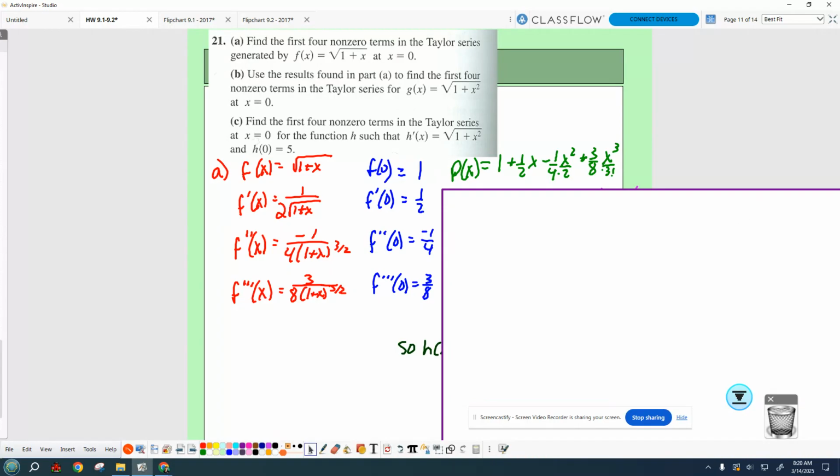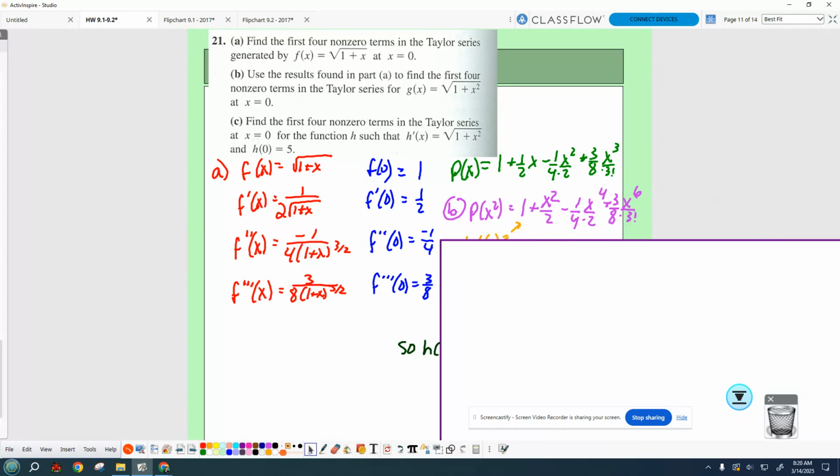I did the first 5 terms, and then you integrate that. Well, is this thing an integration of that? No. But can you replace the x with x squared? That's what I did.